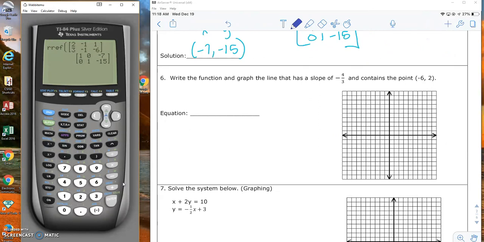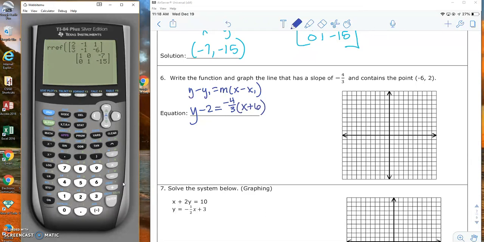Problem 6 asks us to write the function and graph the line that has a slope of -4/3 and contains the point -6, 2. So my equation, because I have a point and a slope, I can write in my equation y minus y1 equals m times x minus x1.